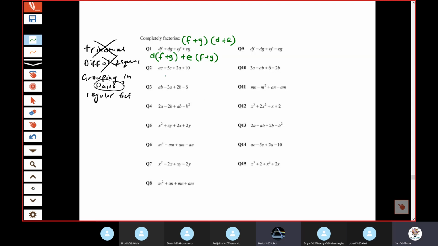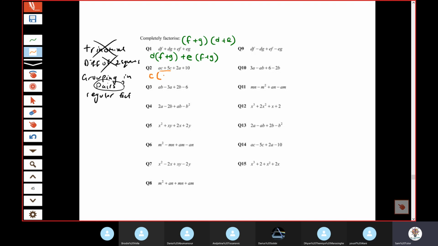Yep. Let's go again. At question 2, what's common? You probably would have done it from the first 2. Yeah, go ahead. So A and C plus 5. A and C plus. Wait. These 2.